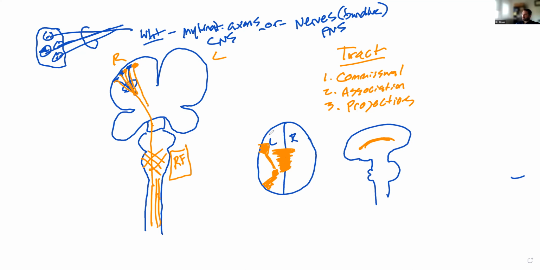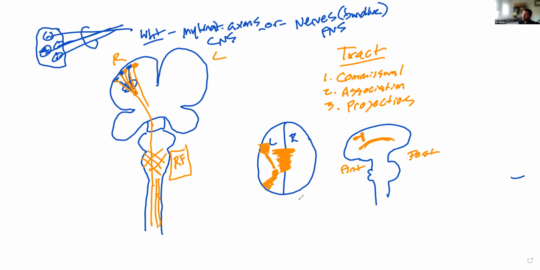So we have communication with our primary motor cortex, just anterior to the central sulcus, and it is communicating with its association area, right? I say a lot of association fibers are running anterior to posterior, but they're within the same hemisphere, so they're not crossing over. So associations are within the same one.